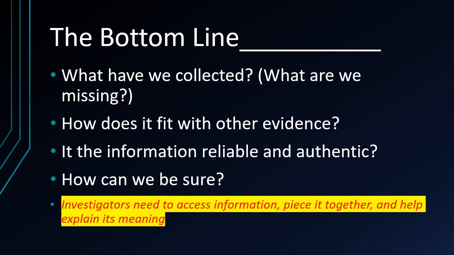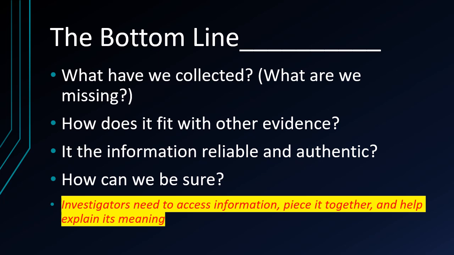So there are 5 key questions that help us know where we are at in our investigations and keep us on track and focused on the bottom line. In planning our engagement, we need to know what we are gathering, and more importantly, what we have missed. When we find information, we need to see how it fits in with the other evidence we've collected.